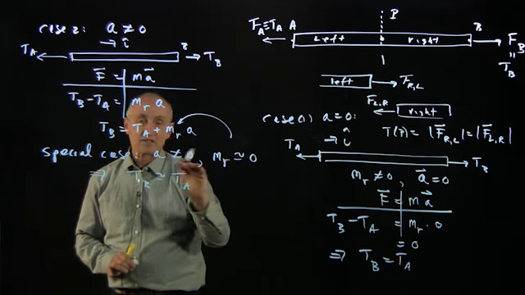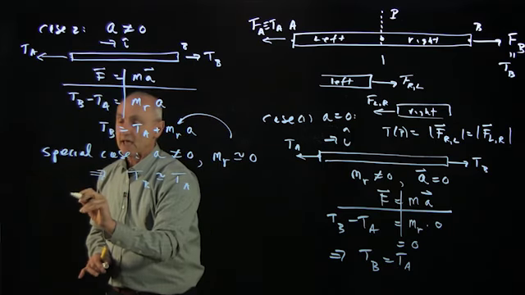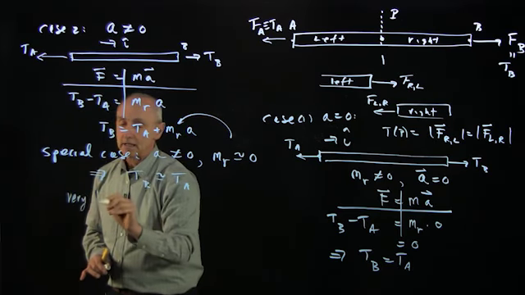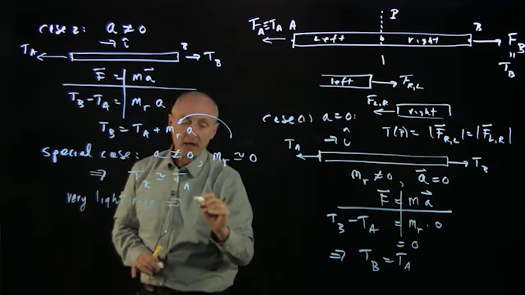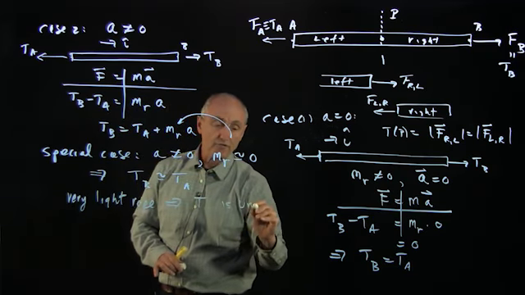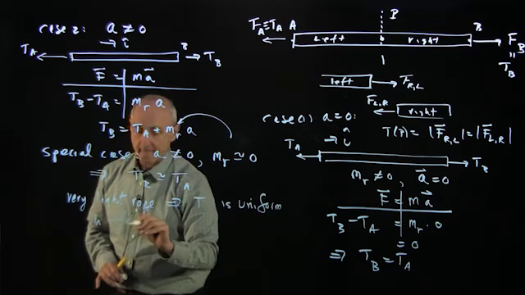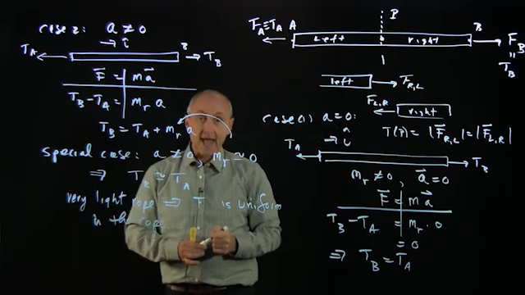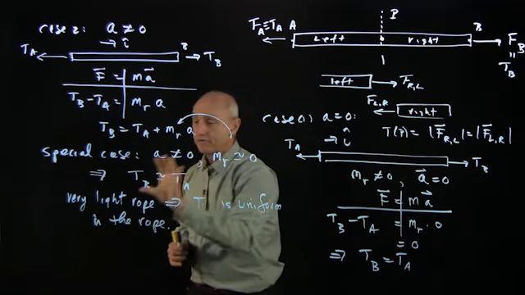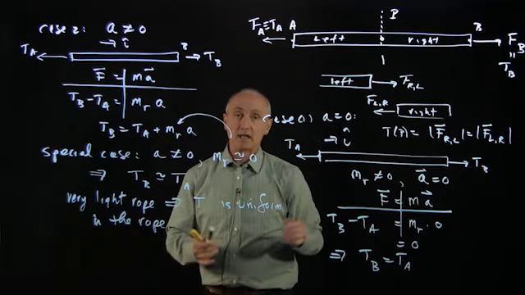Ropes are not massless, so there's a small difference. But when we say a very light rope, even if it is accelerating, that implies that T is uniform in the rope. And we can say the rope is under uniform tension. And we will often refer to this case when we analyze problems where we're pulling objects, for instance, in a typical pulley problem.